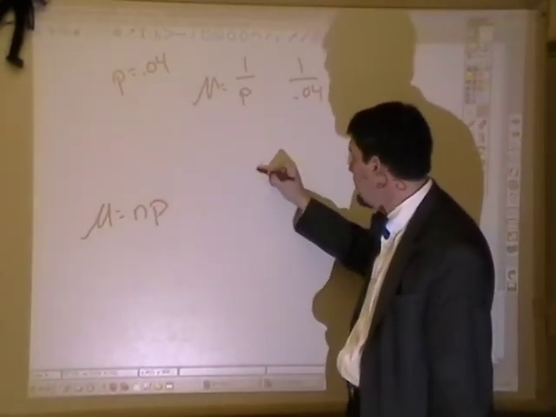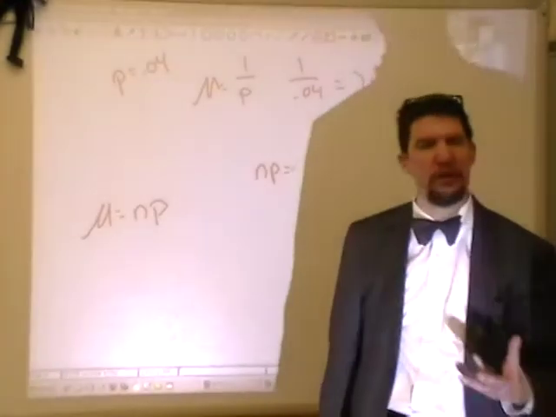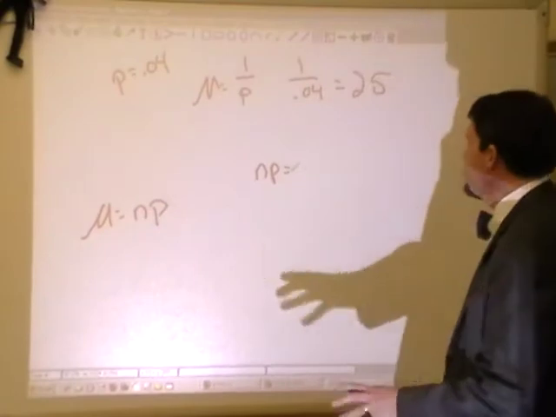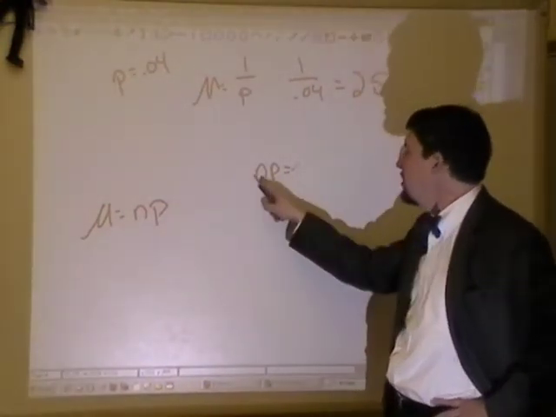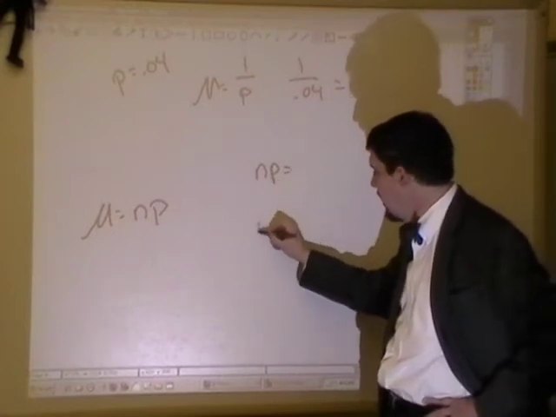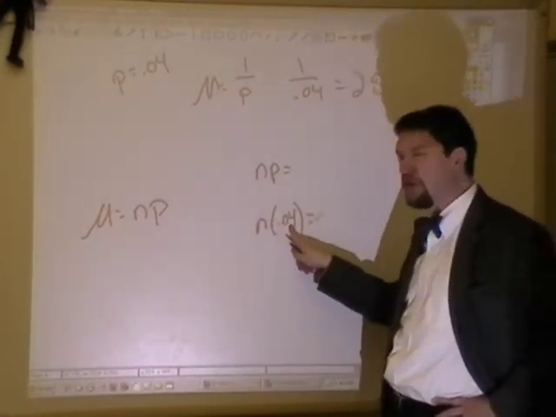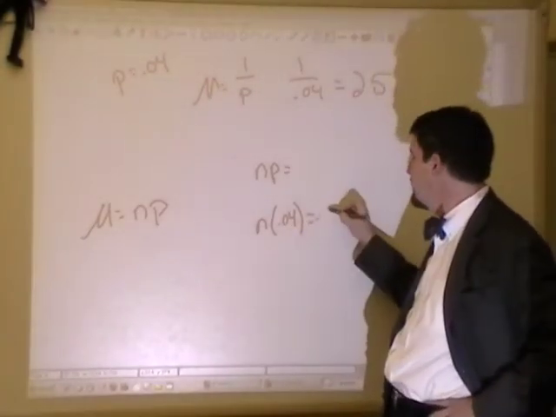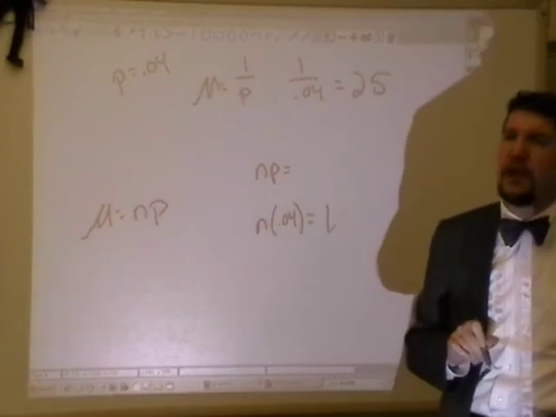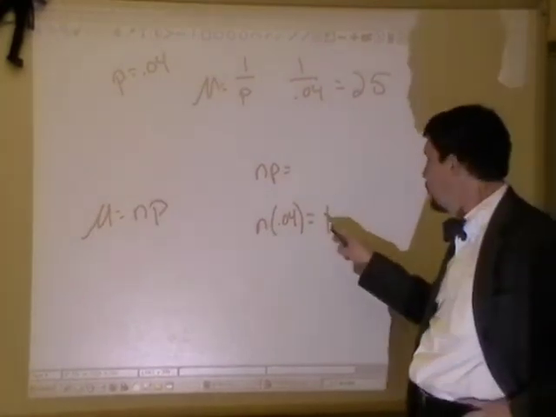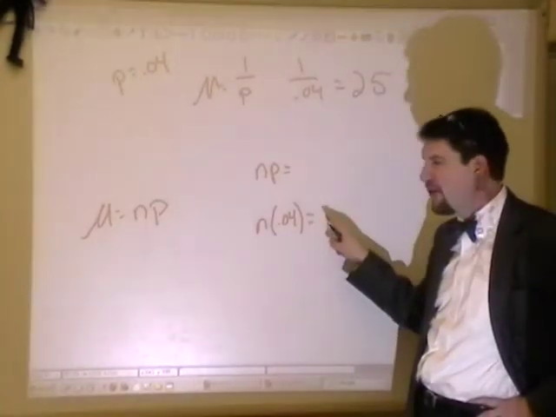I'm going to say n times p is the mean, and another word for the mean is the expected value, how many I should get. But what I'm asking here is, with a probability of 0.04, how many people would I need to get my first person with type AB blood? So I'm looking for my expected value to be 1, to find my first one.